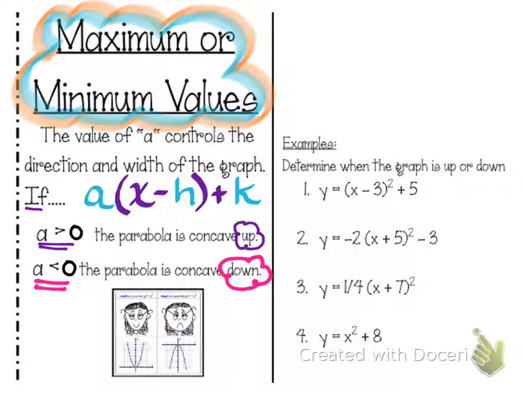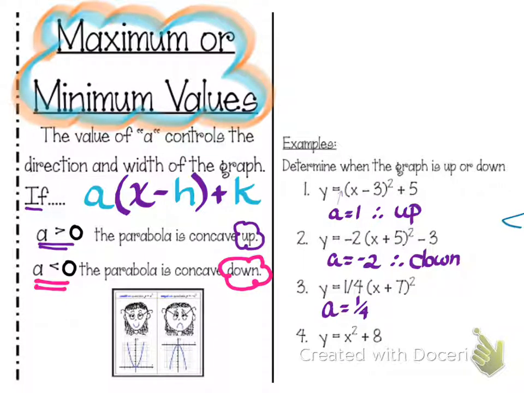We're going to inspect what the value of a is. In this case, the number out in the front is a 1, and so it opens up. In this case, the value of a is -2, so it opens down. In this case, the value of a is 1/4. Since it's positive, it opens up. And in this case, the value of a is 1, and it opens up.